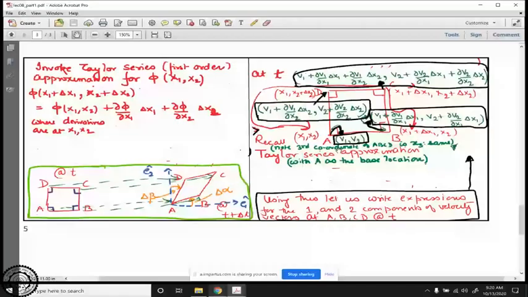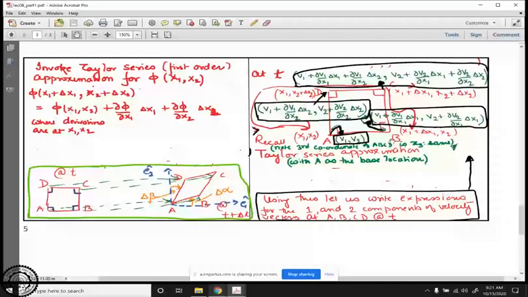Okay, so what we are doing here, velocity at A is v1, v2, that is the base value. If I want to write the expression for velocity at B, using the base value v1, v2, what will the components be? The first component will be v1, which is the value at base location A, plus del v1 del x1 multiplied by delta x1. Why is this coming?